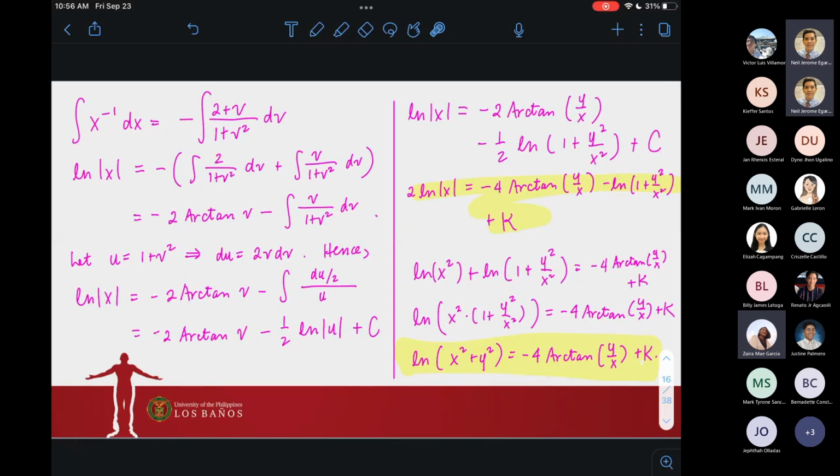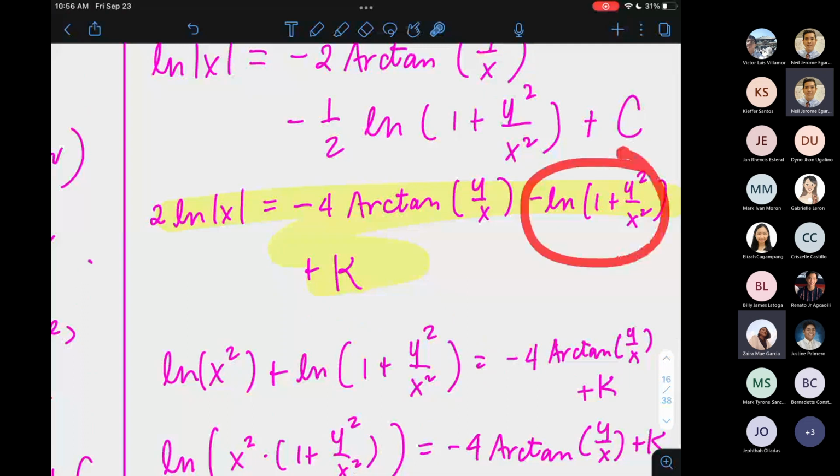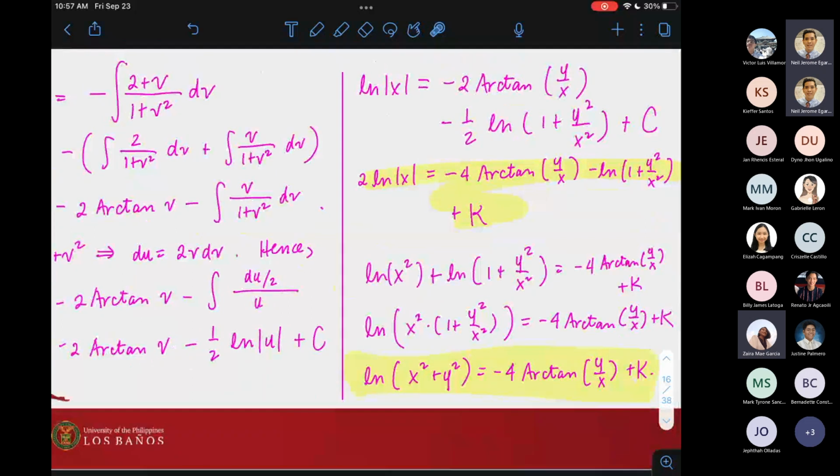ng calculus, ano? May tanong si Victor, bakit negative ln 1 plus y squared over x squared ulit? Saan yun nangyari? Ito. Dito ba yan, Victor? Well, remember, let's retrace our steps. Okay, so ito yung integral niya.